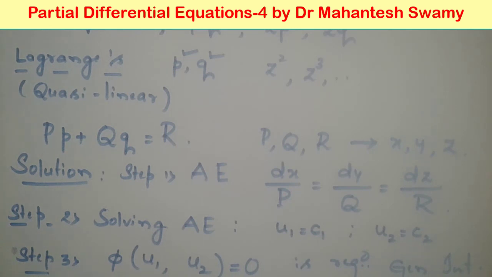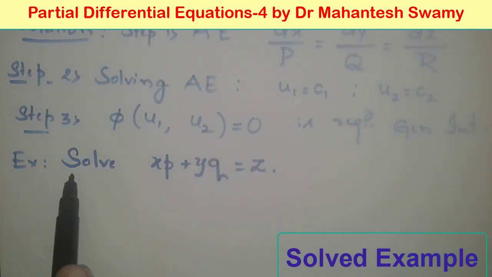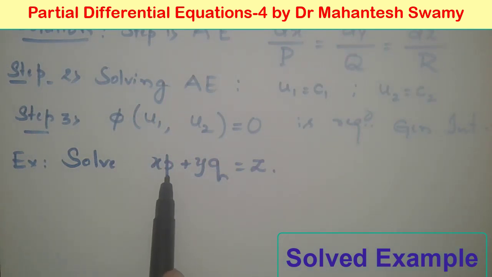Now we shall consider a couple of examples on the solution of Lagrange linear PDE. Consider the first example. Here it is asked to solve xp plus yq equal to z.